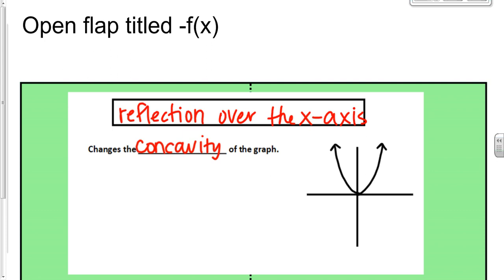I'm going to use my red pen here to show what it looks like when you reflect it across the x-axis. Okay, that's what happens if you have negative f of x. It reflects across the axis and it ends up down there. Okay? So that's why whenever you had the a with the negative, it became concave down, because you were essentially reflecting it across the x-axis.